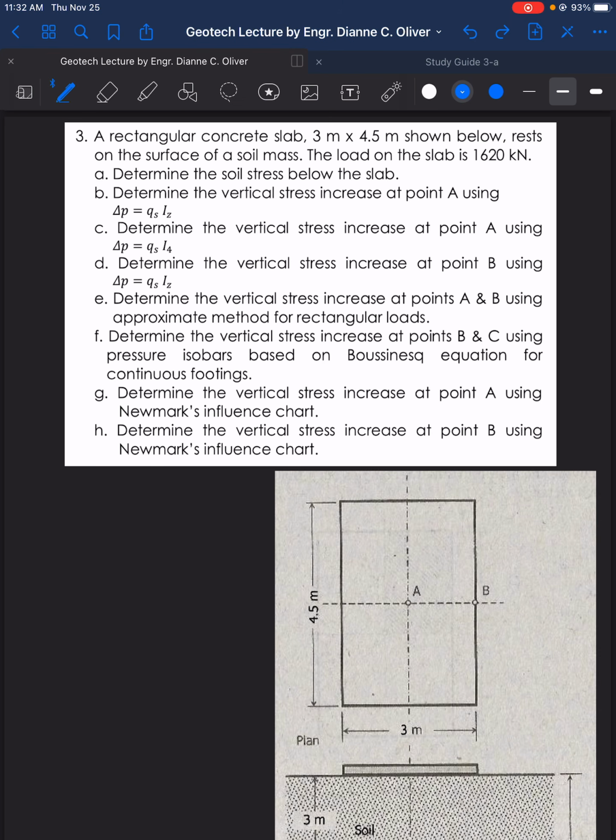But this 1620 is on the slab and not on the soil. So what will happen here is that the 1620 kilonewton, if we transfer that onto the slab, will be distributed on the slab, so a rectangularly distributed load.